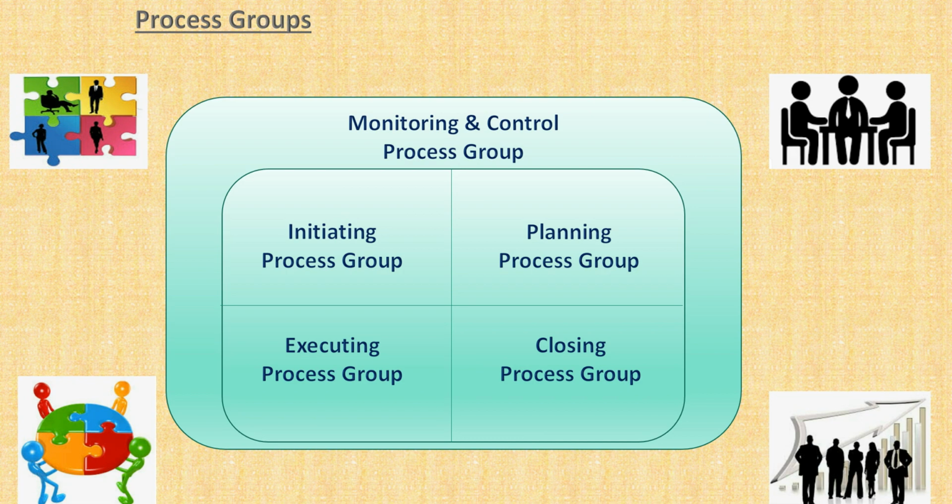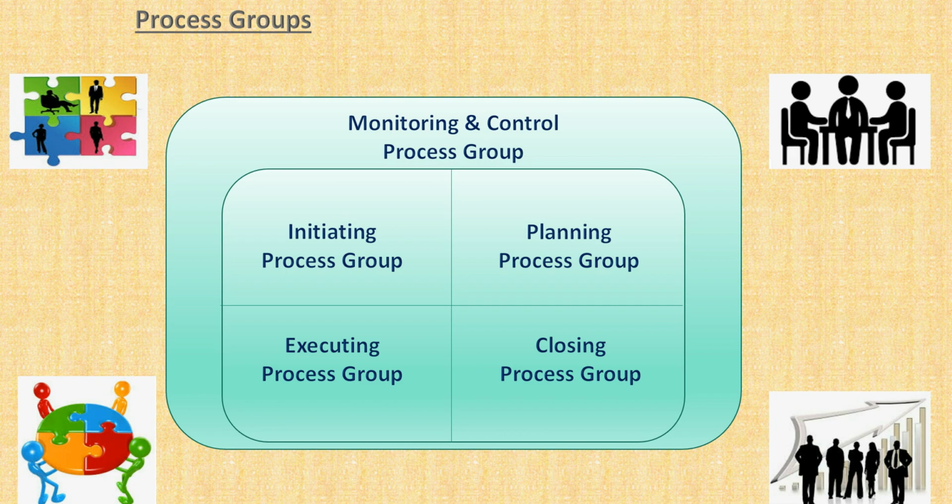So basically throughout the project life cycle, from the point where the project started to the point where the project is closed, monitoring and control processes will be performed over and over again to make sure that everything is in line with your expectation, everything is in line with your baselines. Fine.